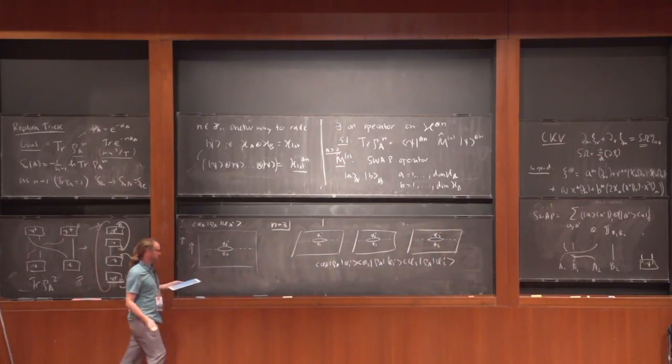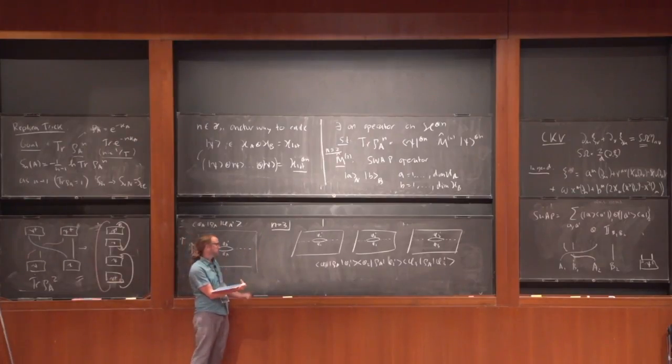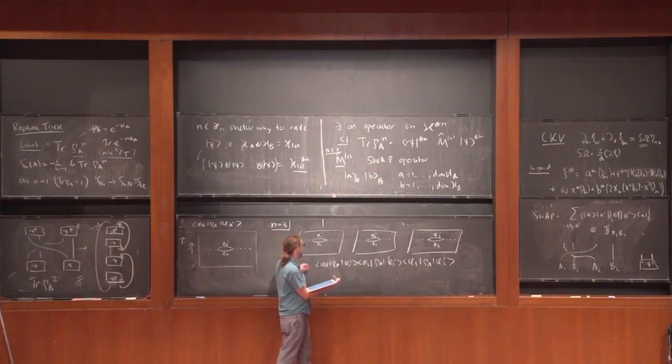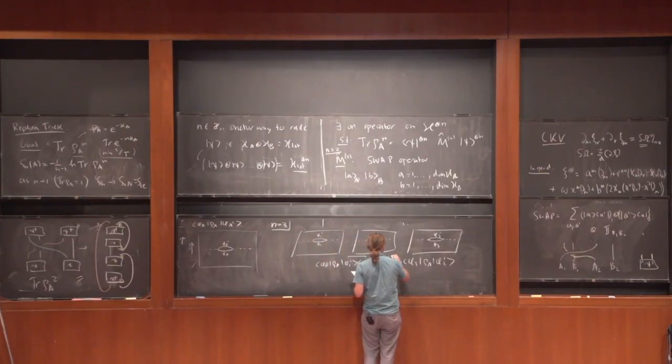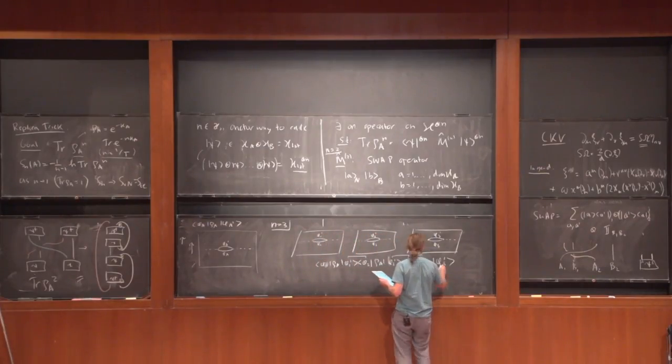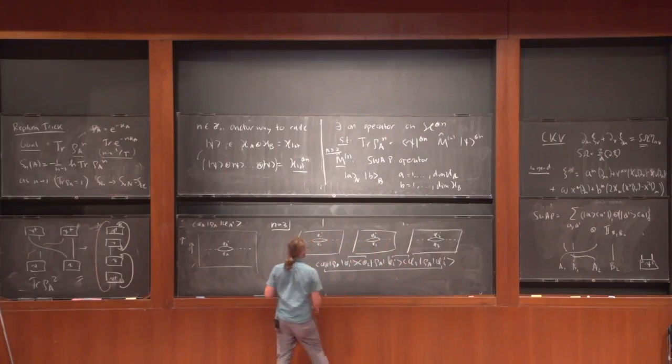And so that's what this calculates so far. But of course, to compute the trace, all we need to do is identify these two and integrate, identify these two and integrate, and identify these two and integrate.